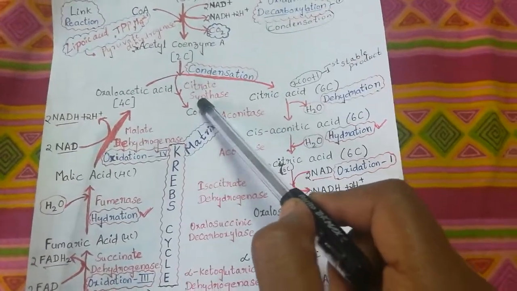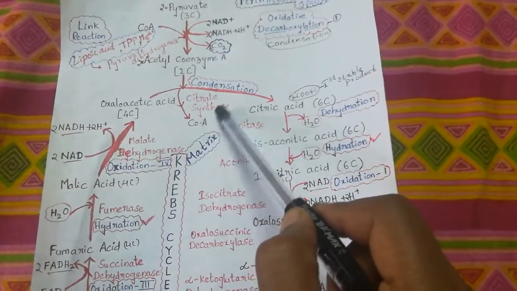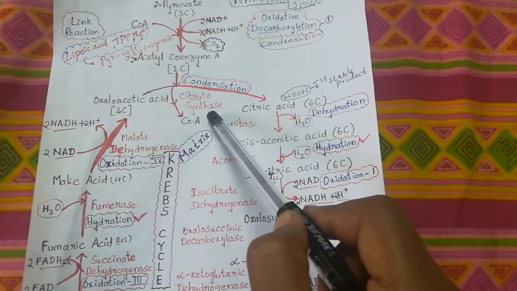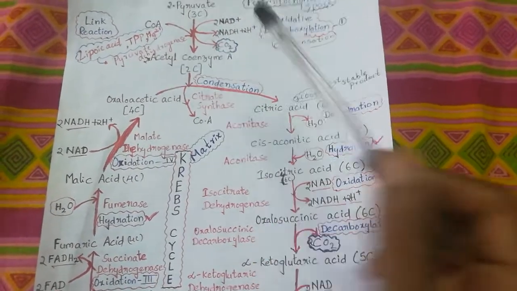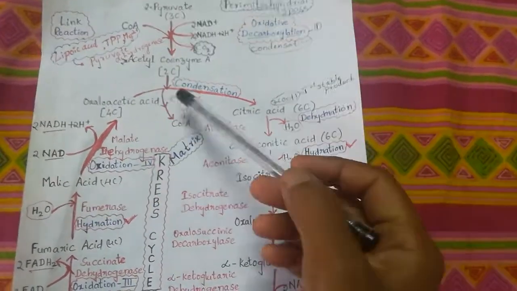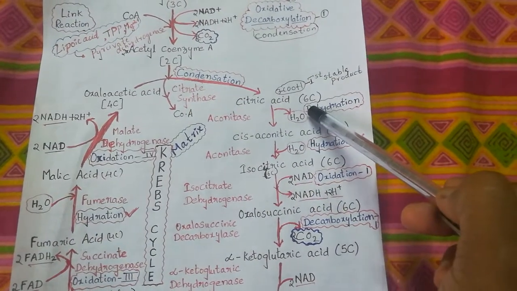Next, this acetyl-CoA undergoes condensation, as a 2 carbon compound, with oxaloacetic acid in the presence of the enzyme citrate synthetase. It forms citric acid, which is a 6 carbon compound.